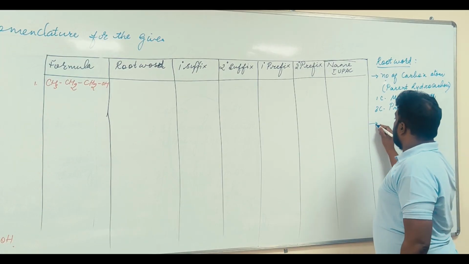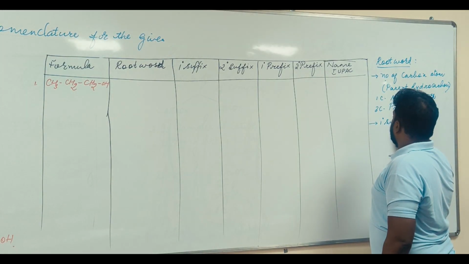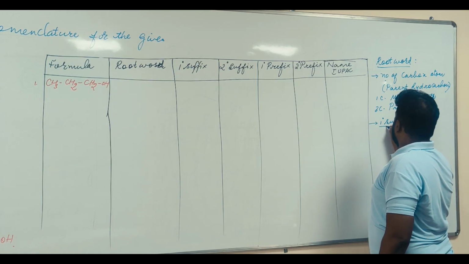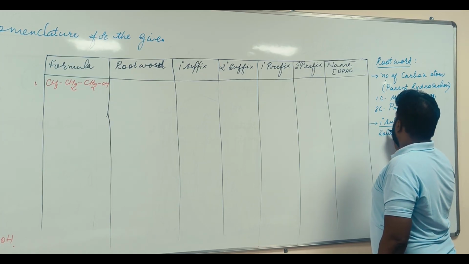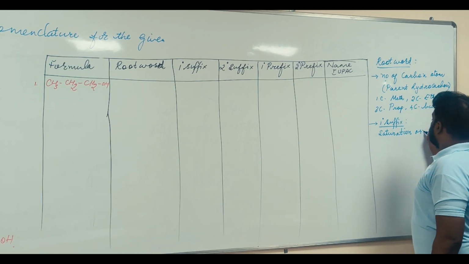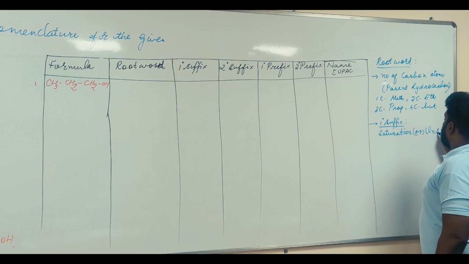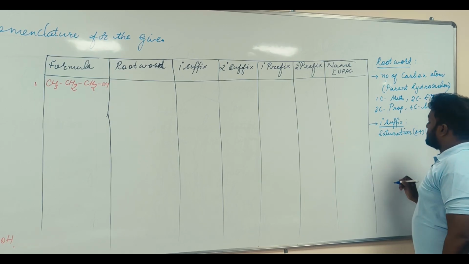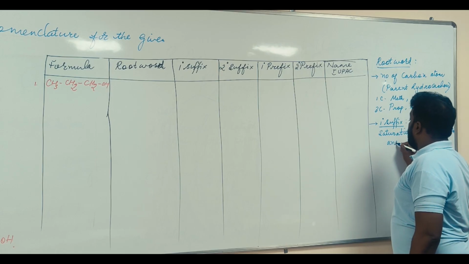Then what do we have? The primary suffix. What does the primary suffix imply? It implies whether the compound is saturated or unsaturated. If it is saturated, the suffix should end with "ane".